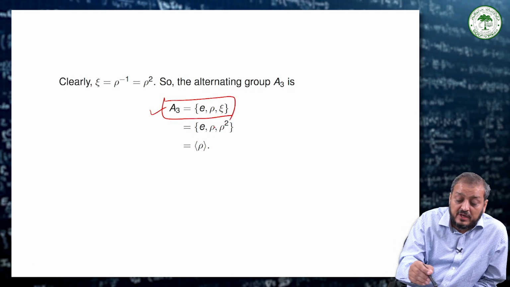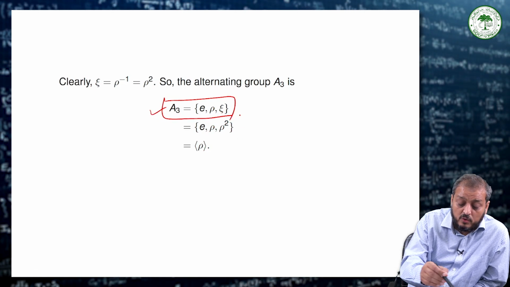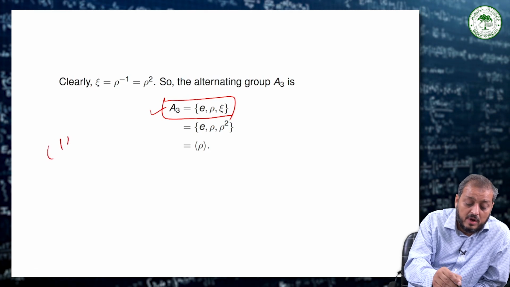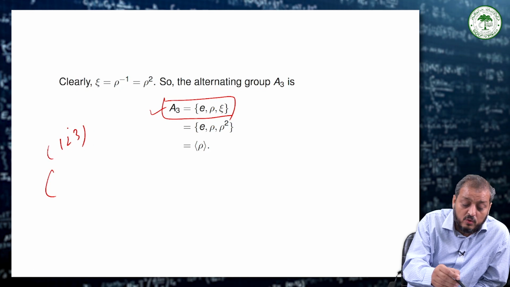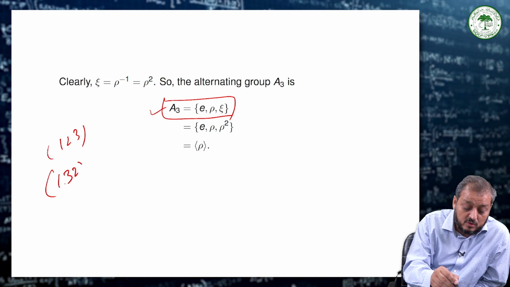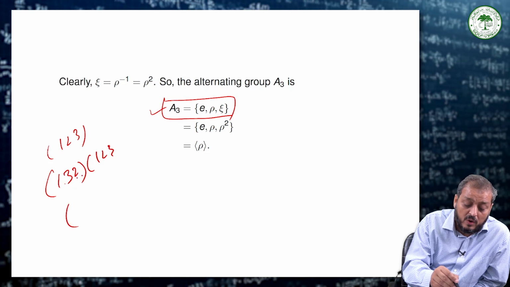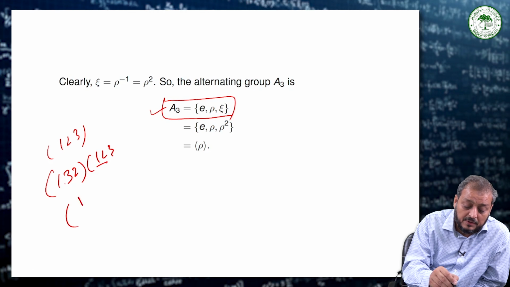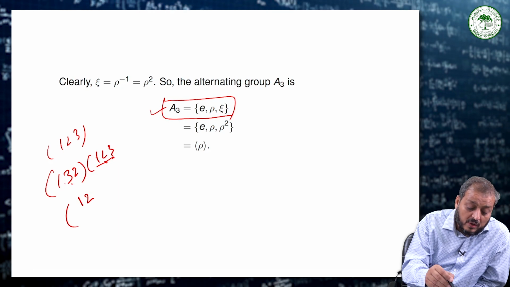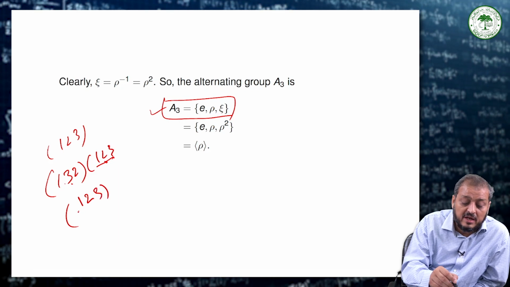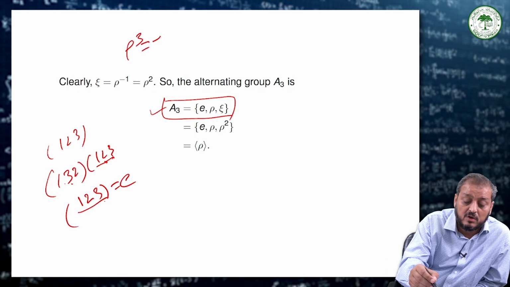And now clearly, if you take rho to the power 3, you have rho equal to (1 2 3), rho square is equal to (1 3 2), and then if you take (1 2 3) again, 1 goes to 2 and 2 goes to 1, 2 goes to 3, 3 goes to 2, 3 goes to 1, 1 goes to 3, and then again you have the identity. So, clearly we have rho to the power 3 is equal to identity.